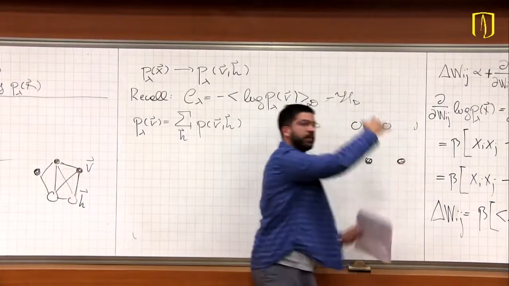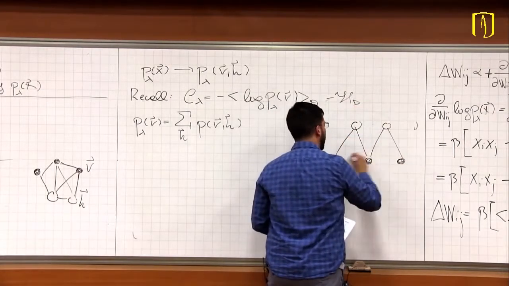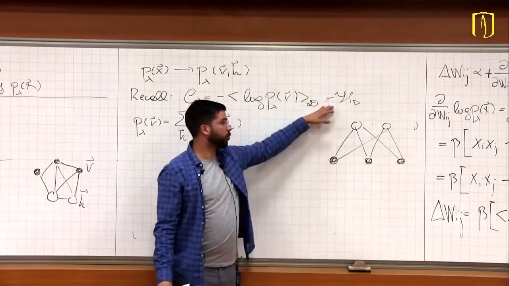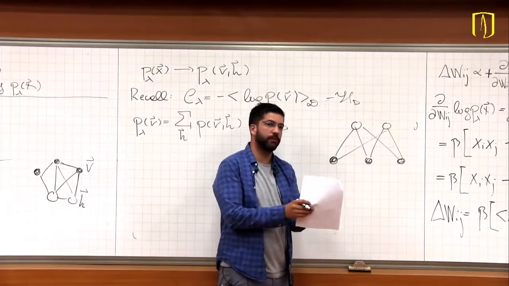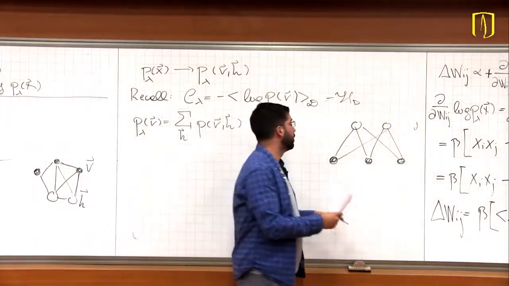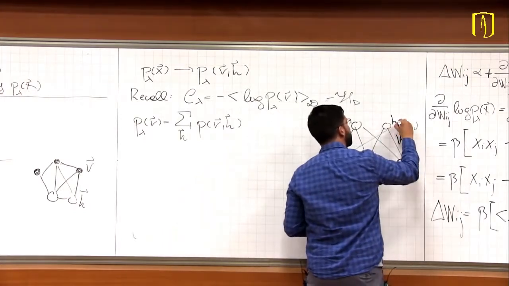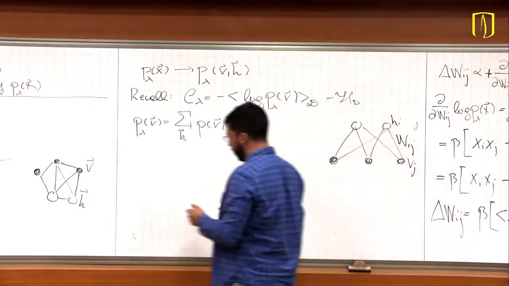So we split the visible and hidden variables into two layers, and we consider only interaction between the two different types of variables. So we have eliminated all the interaction between variables of the same type. So these are Vij, this is Hi, and this is Vj.